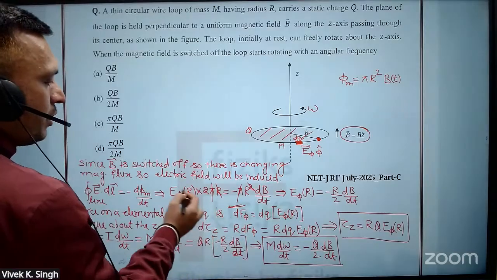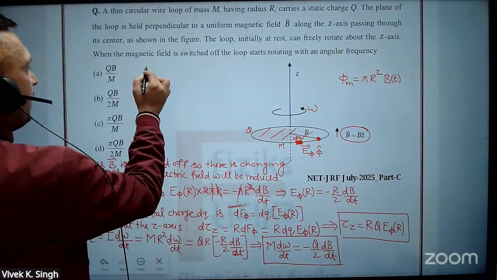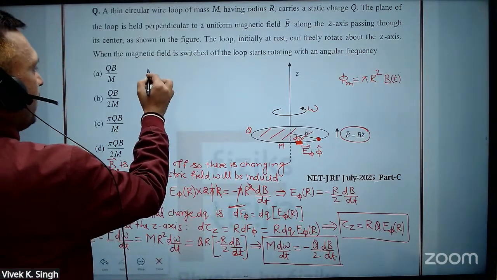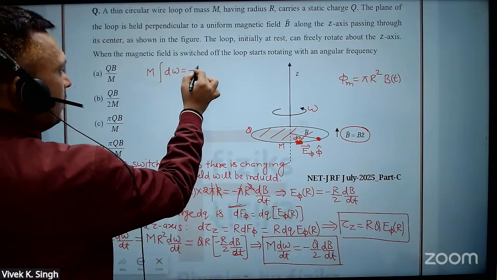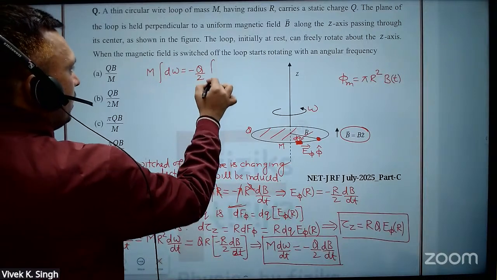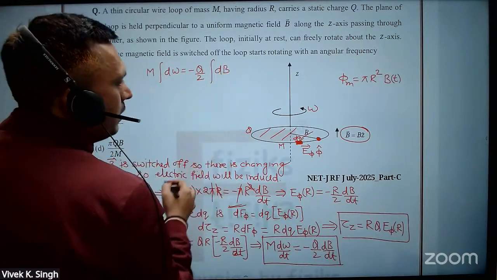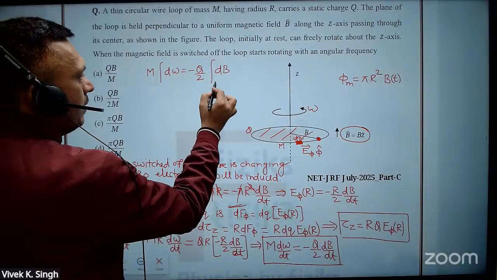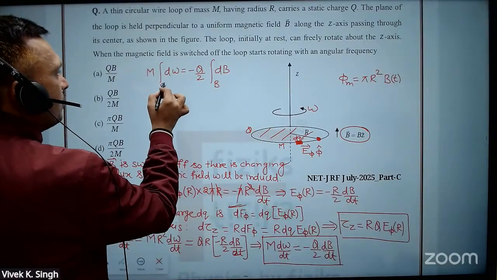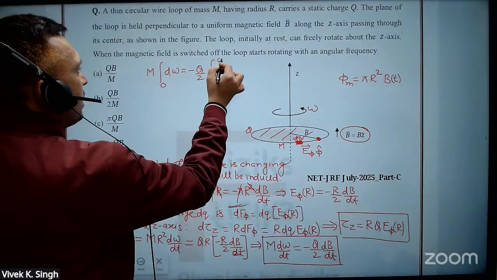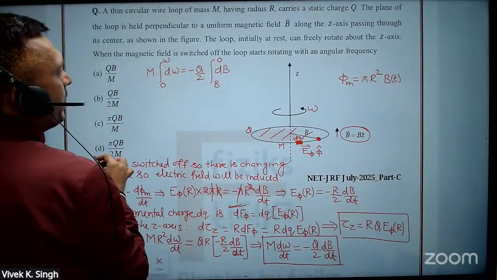Now see, from this equation, if you integrate both sides, let's write this equation as m d omega equals minus q by 2 dB. When the initial amplitude is B and it is constant, omega will be 0. But when B becomes 0, this becomes omega.